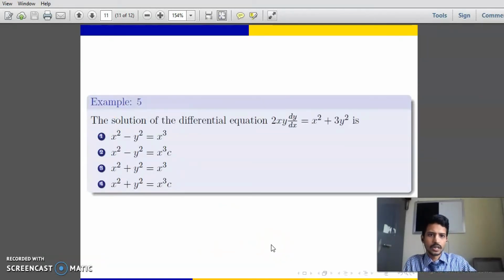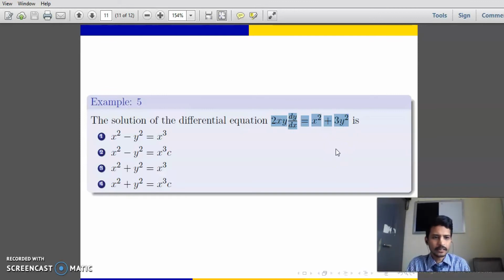Now we'll move to the next example, which corresponds to the homogeneous differential equation. Here we try to find out the solution of the differential equation 2xy dy by dx is equal to x square plus 3y square.